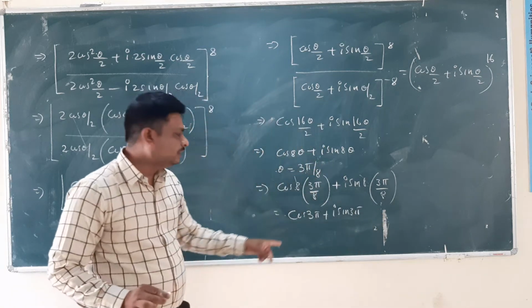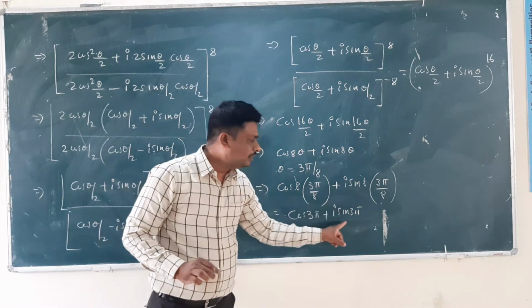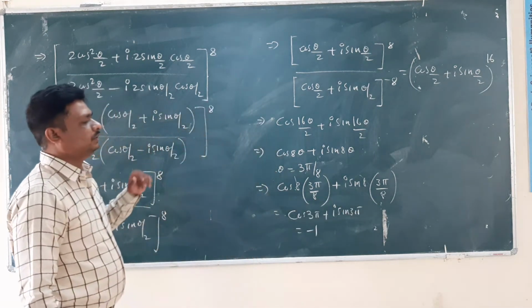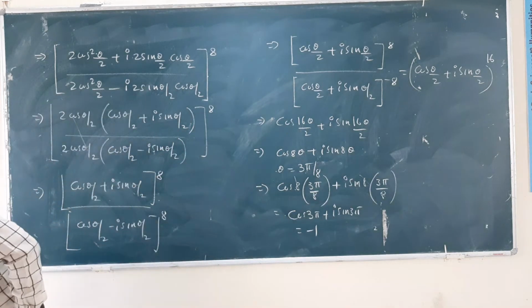You can check the value from the calculator. The value of cos 3π is minus 1 and the value of sin 3π is 0. So the remaining is minus 1. This is the final answer. So we take one more example.